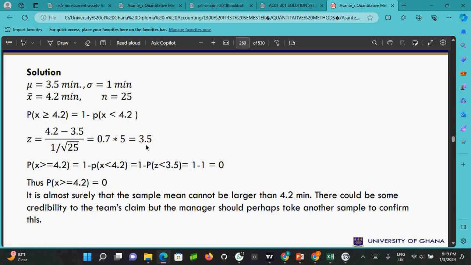I'm going to do that very soon. Okay, we had 0.99977, which is almost 1. And then the first one that they tested was 4.2.